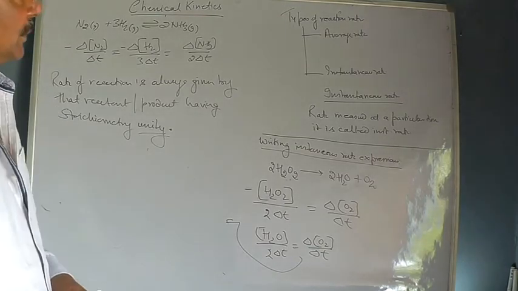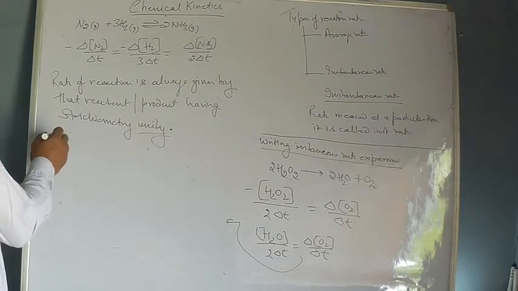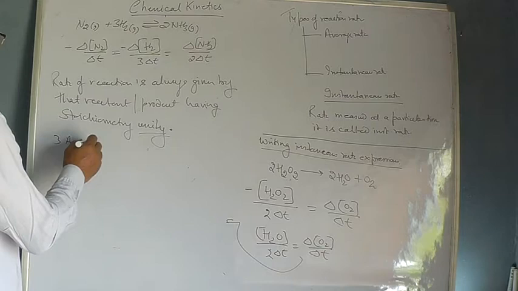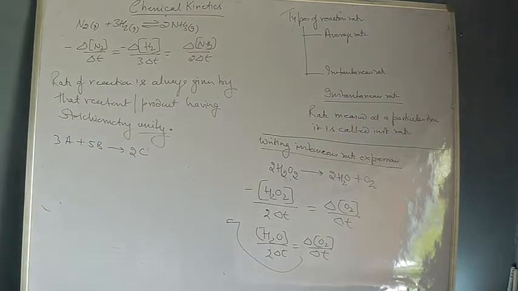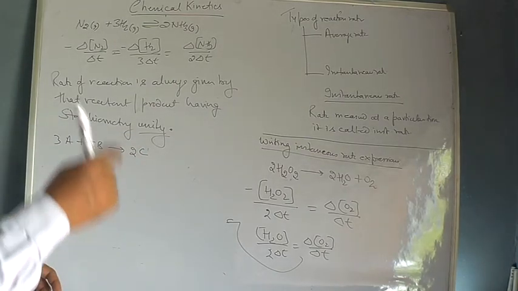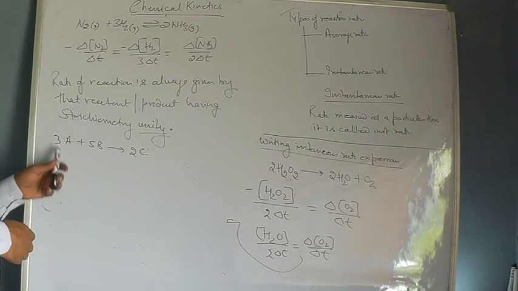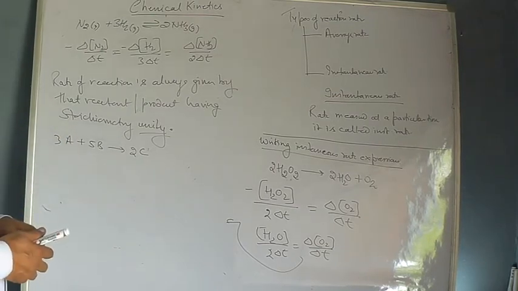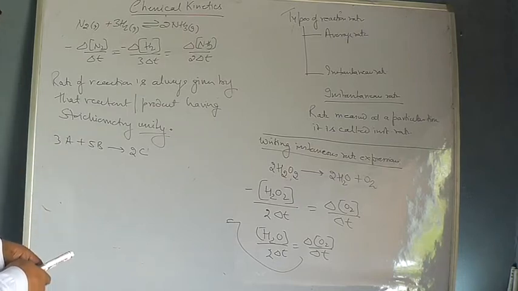Class, sometimes students ask, sir, in the entire reaction, let us take 3A + 5B giving 2C, here no one is having stoichiometry unity. What will we do? In that situation, class, remember, you can take any one, either A, B or C. Suppose you want to take A as the rate of reaction, so what you do?